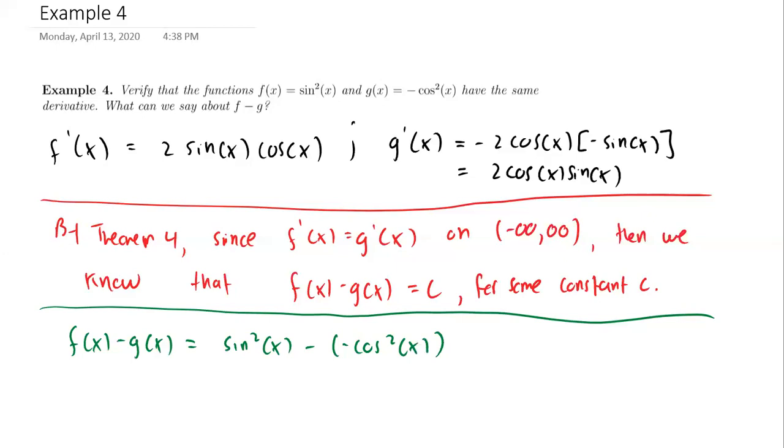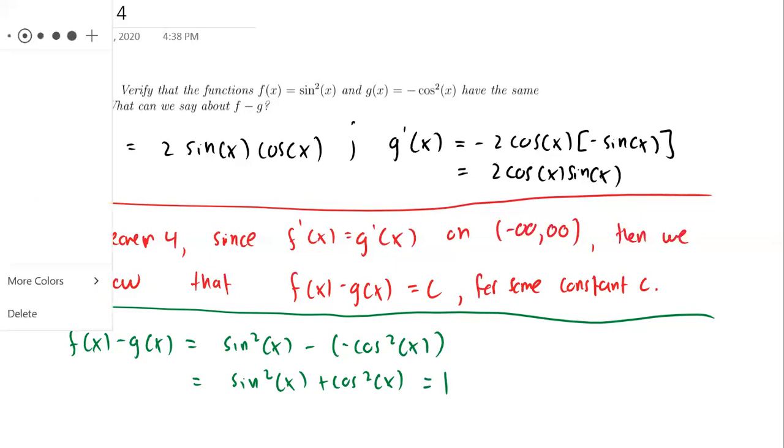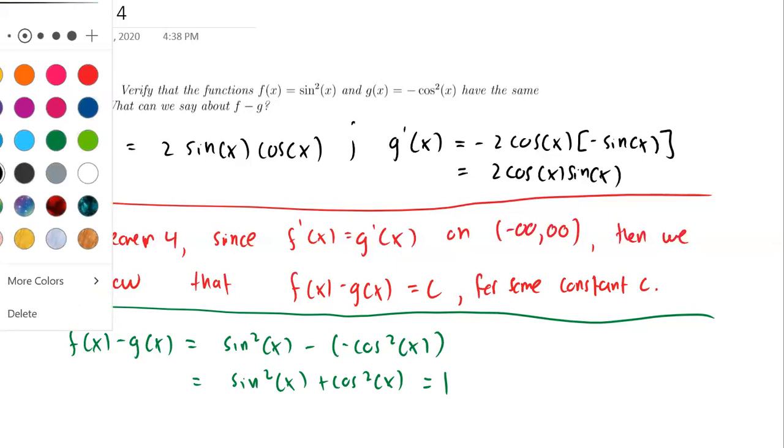Minus minus becomes plus. So this is sine squared x plus cosine squared x. And as we've seen before, whenever you have sine squared plus cosine squared of the same input, this is always equal to 1. So we end up with f minus g equals 1.